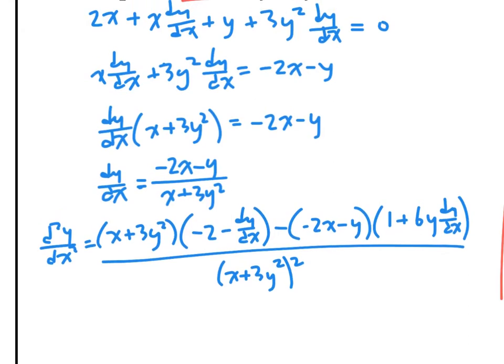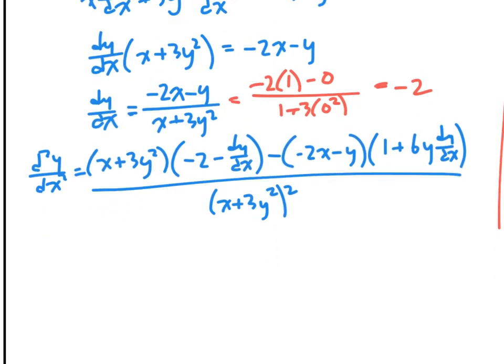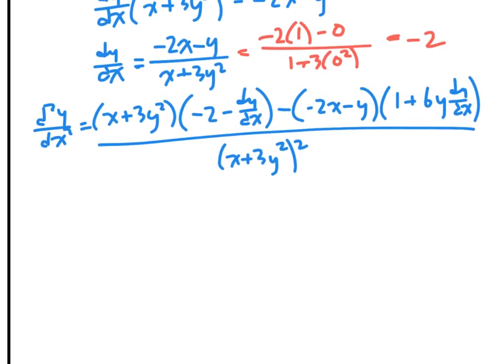Since y is equal to 0, we're going to evaluate the first derivative with that information: negative 2 times 1 minus 0 over 1 plus 3 times 0 squared. That's pretty easy, so dy/dx is negative 2. Now that we know y is 0 and dy/dx is negative 2, we're going to substitute in everything. This saves a lot of time over simplifying and then plugging in the values.